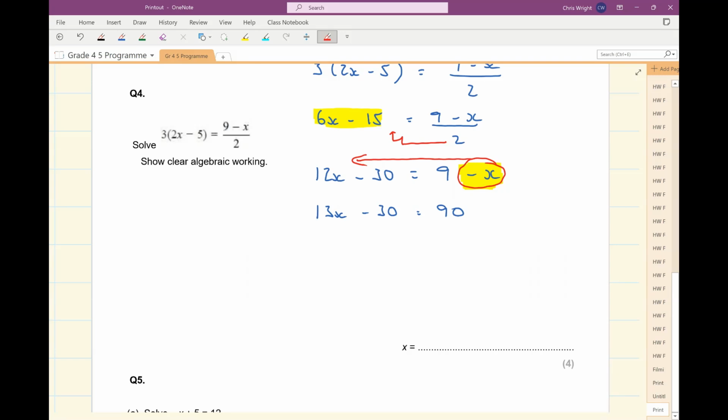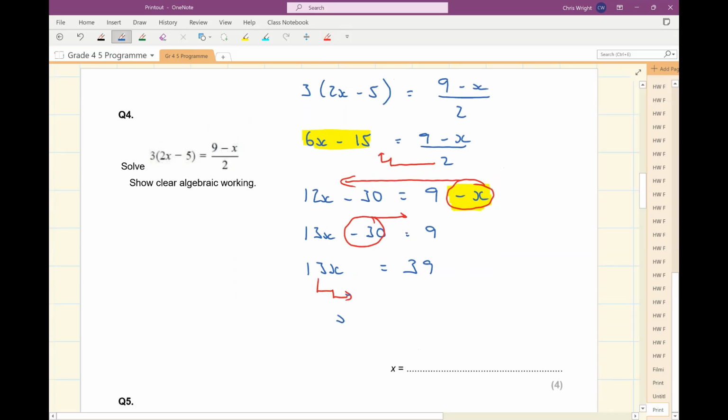Now let's float and ping the minus 30. Why did I write 90 there? There we go. Let's float and ping that minus 30, so it becomes a plus 30. So 13x equals 39. Escalate down the 13. So x equals 39 divided by 13, which is 3.